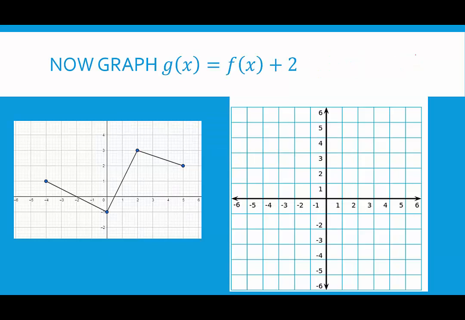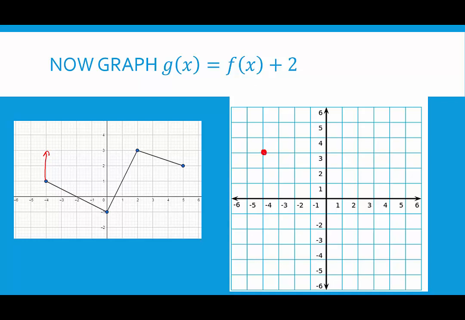So let's go to our next example. We're going to graph g(x) based on our f(x), but it's going to be f(x) plus 2. So what's this going to do to the function? It's going to take the function and lift it up 2 units, which means (-4, 1) is going to move up to (-4, 3), because we would add 2 to the y coordinate. So on my new graph, (-4, 3) would be here.